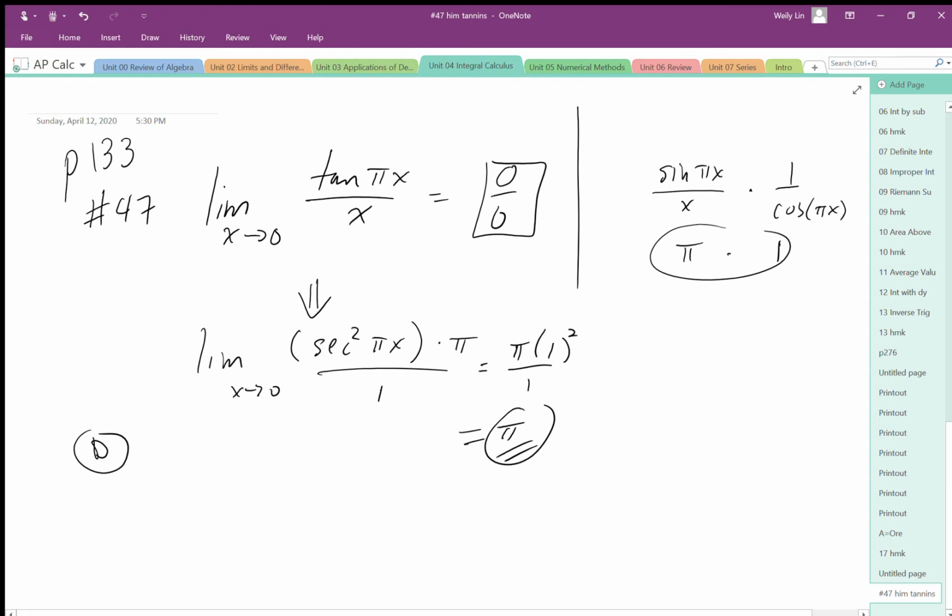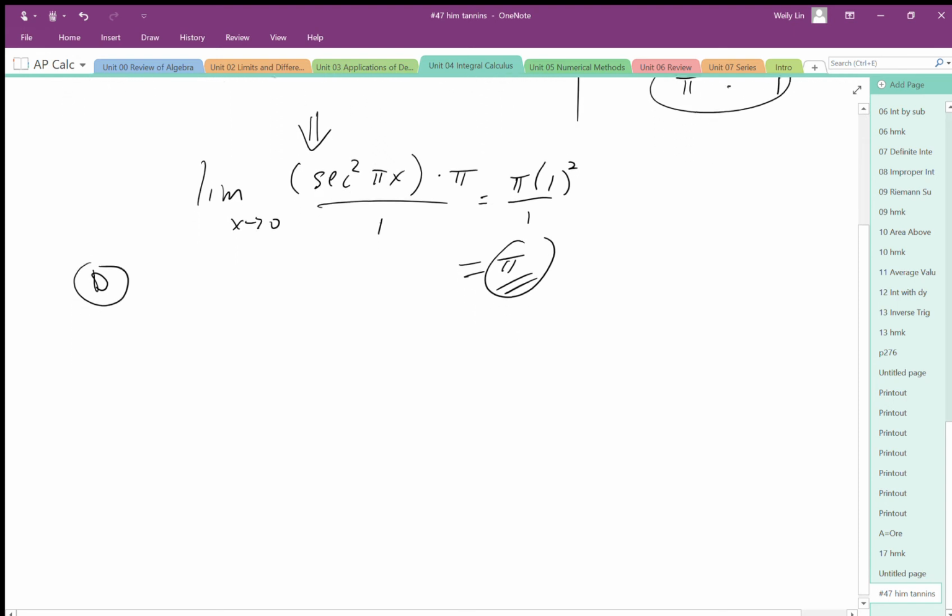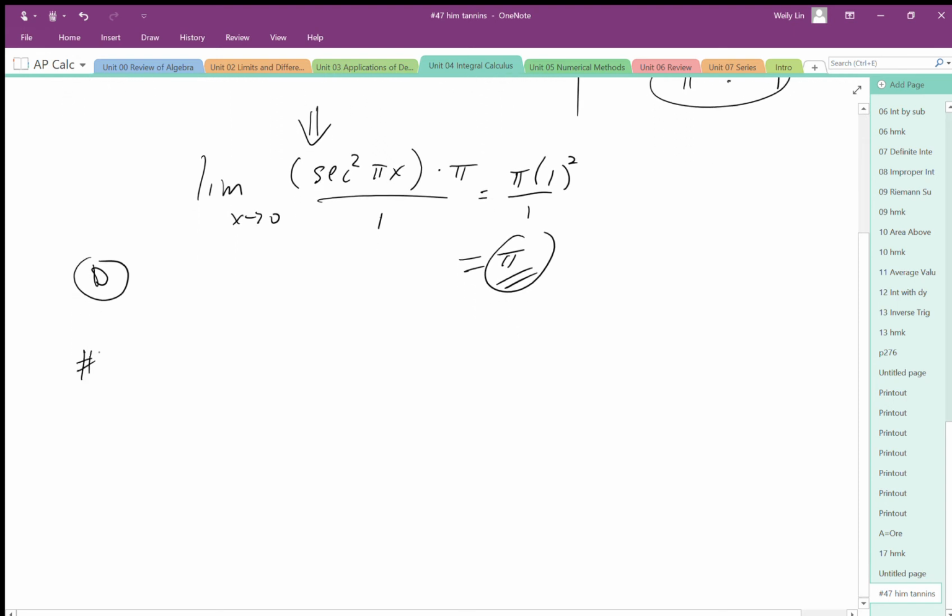Okay, so number 48 looks like this. Number 48 says limit of x squared times sine of 1 over x as x goes to infinity.